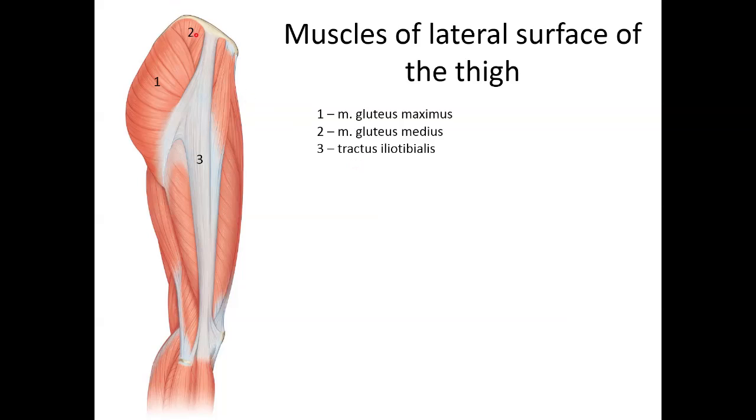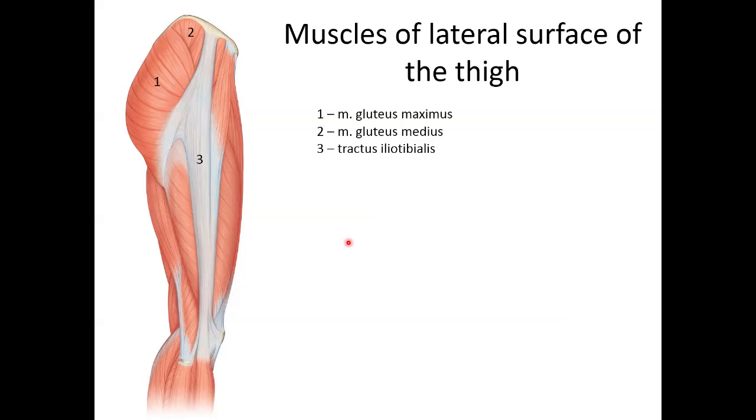Why? Because it originates from os ilium and attaches to the os tibia. Tractus iliotibialis. We can say that it is a thickened part of fascia lata. Fascia lata is fascia which surrounds the thigh from all sides.